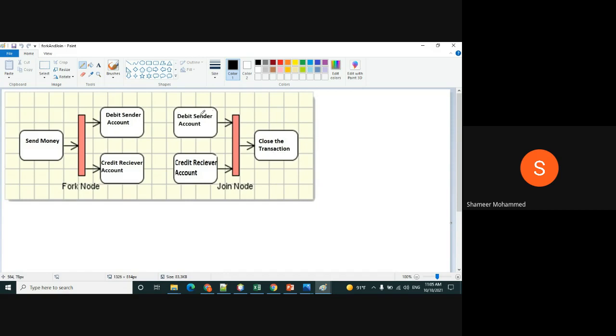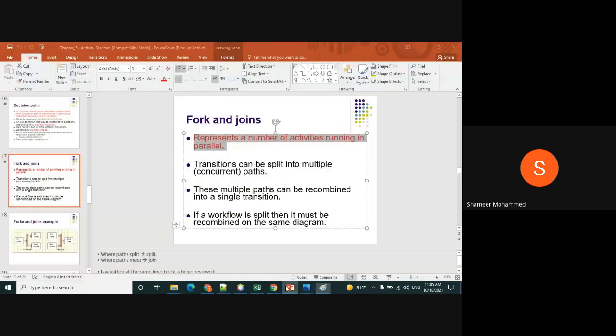So these two paths are becoming one here, merging. You are splitting here, you are doing the work individually, and finally you are finishing the work and closing the transaction. So you are splitting here, and here you are combining them. This is called fork and join.